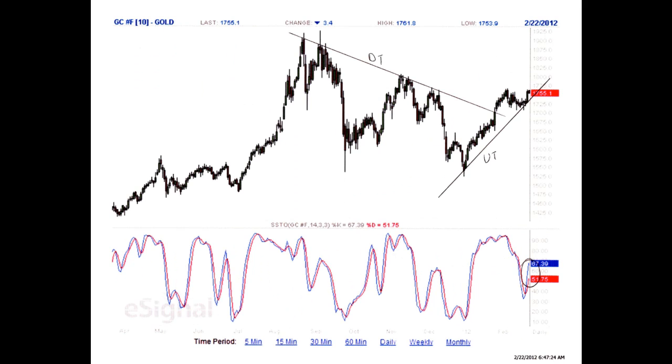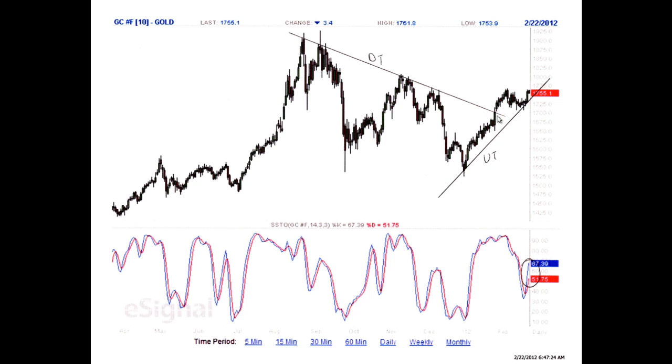And now gold, and a very nice surge yesterday. You can see that here, and a bit of consolidated retracement this morning. The slow stochastic indicator is pointing in the up position, so this is looking very positive right here.